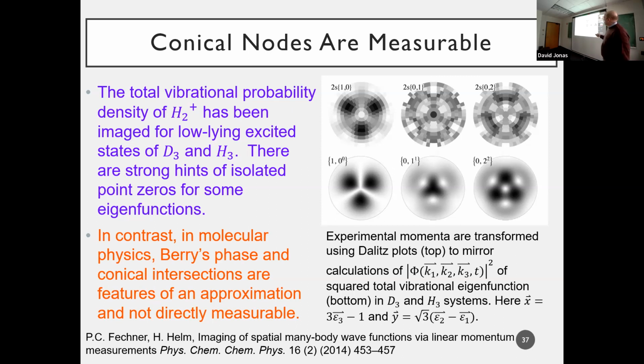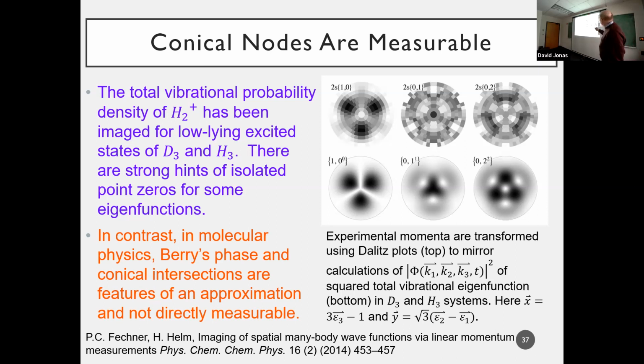And actually, there have been attempts to measure this vibrational probability density for the deuterium trimer and the hydrogen trimer. When you look at the experiments, they were trying to measure this for a case with a threefold symmetry conical intersection, similar to what I've shown you before.